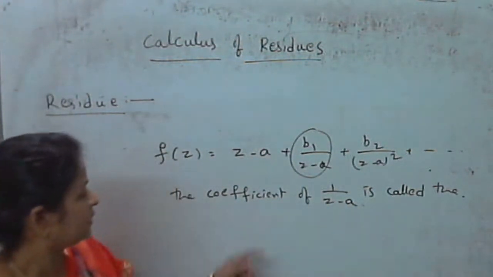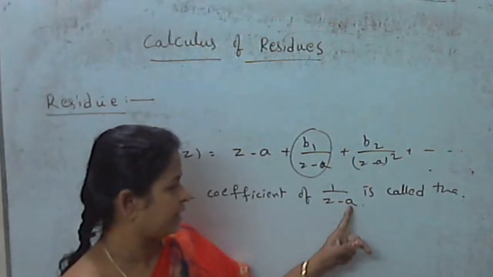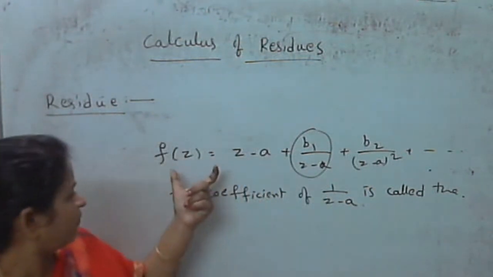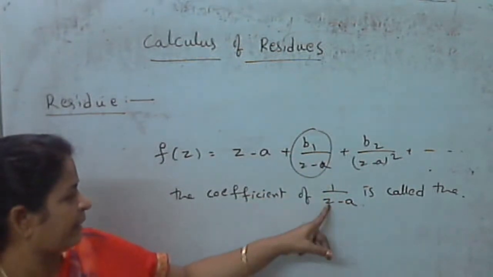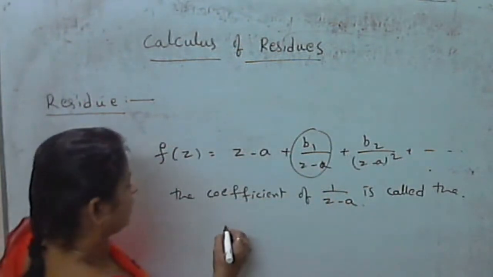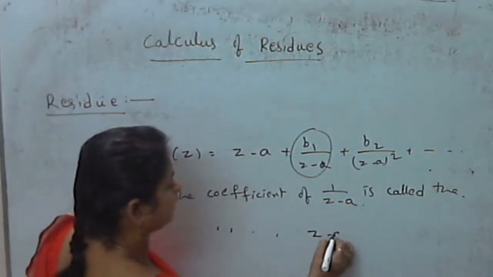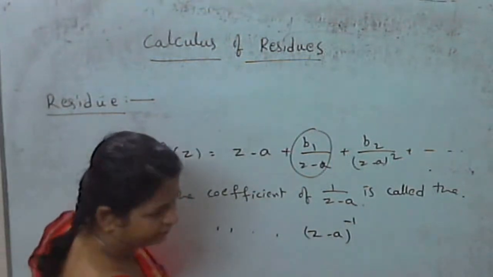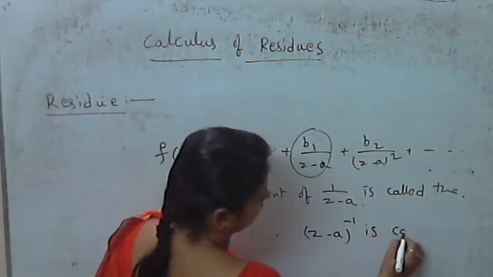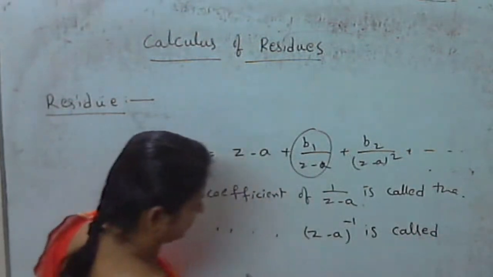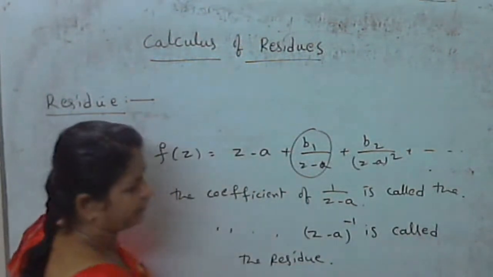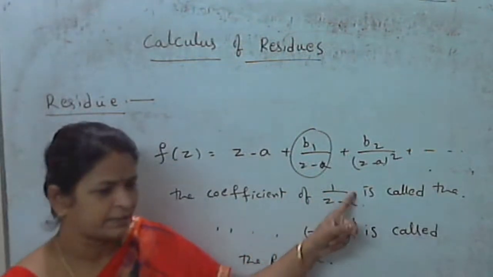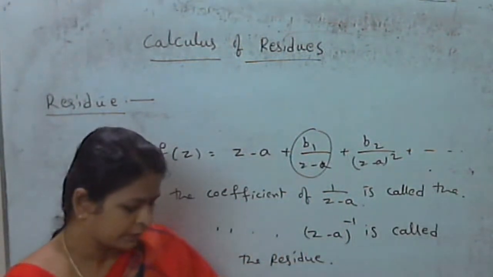So if f of z can be expanded like this, then the coefficient of 1 by z minus a, that means the coefficient of z minus a whole power minus 1, is called the residue of f of z. So residue means the coefficient of 1 by z minus a in the expansion of f of z.